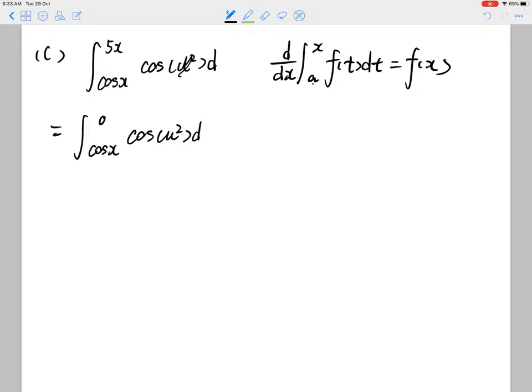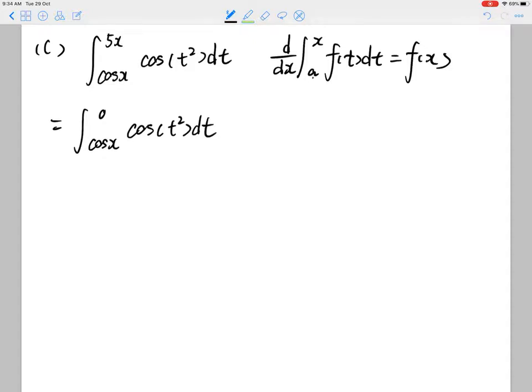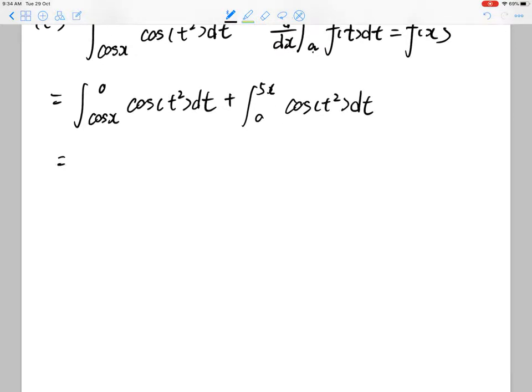To avoid confusion, we let the integrand be cosine t squared dt. So it's the integral from 0 to 5x minus the integral from 0 to cosine x.